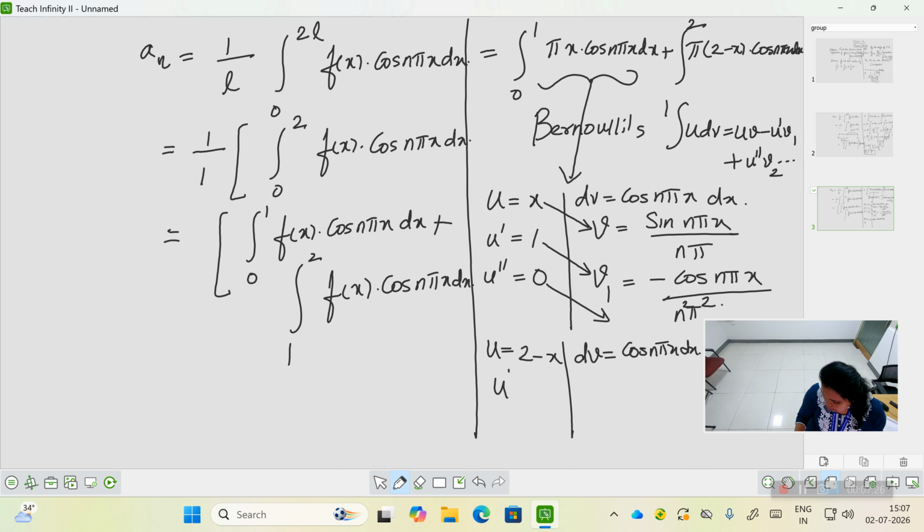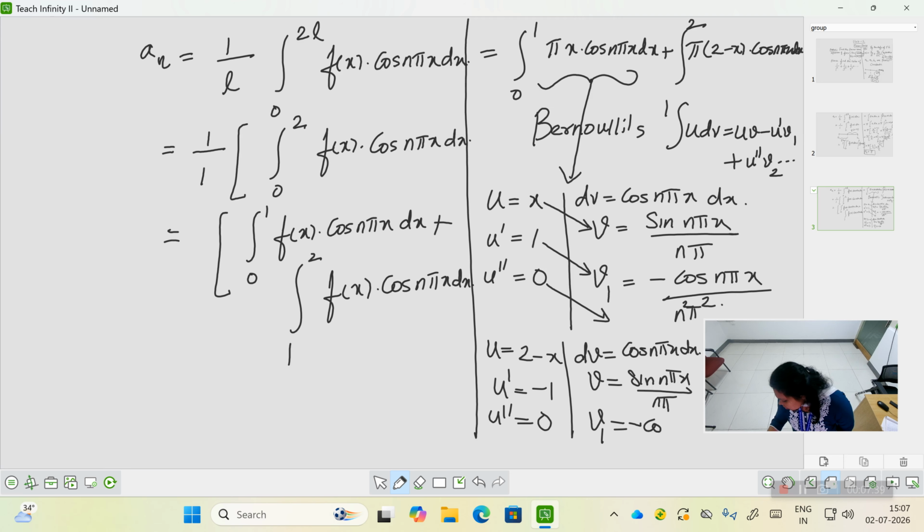So u dash is minus 1, u double dash is 0, v is sin n pi x by n pi, and v1 is minus cos n pi x by n square pi square. This is integration, this is differentiation. So like this, if you do the calculation for both the terms, we will calculate now.